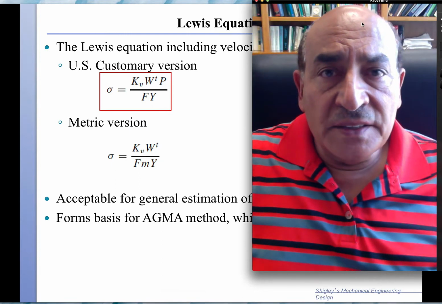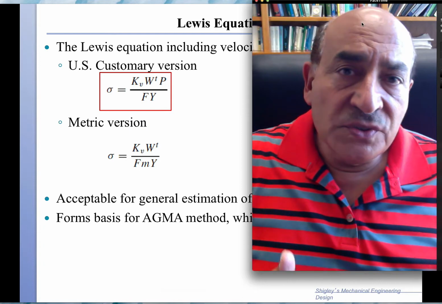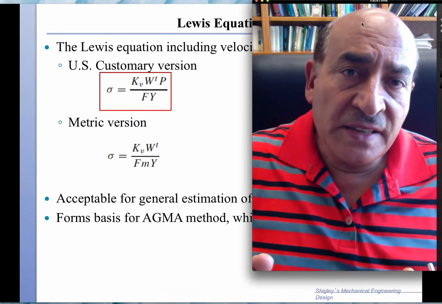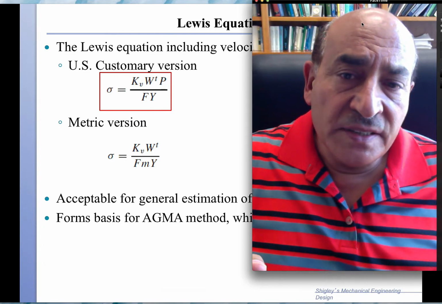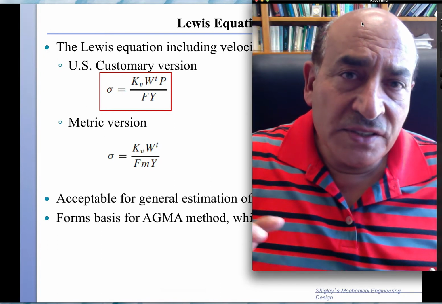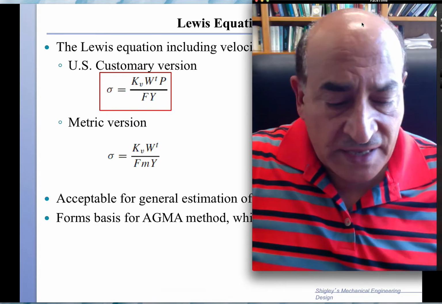And in order to include dynamic effects, we multiply that by K sub V. So you notice that there are essentially two empirical factors in this equation.